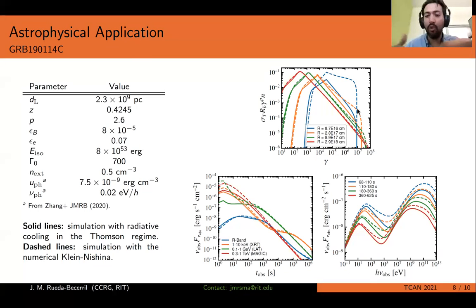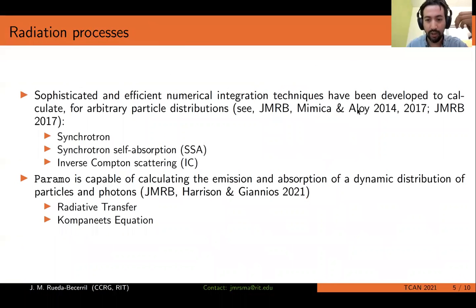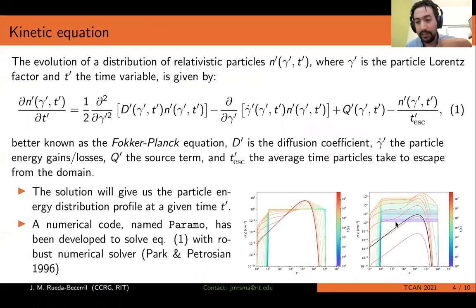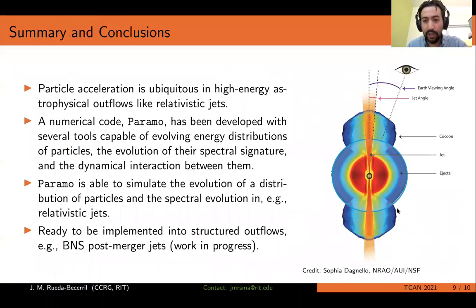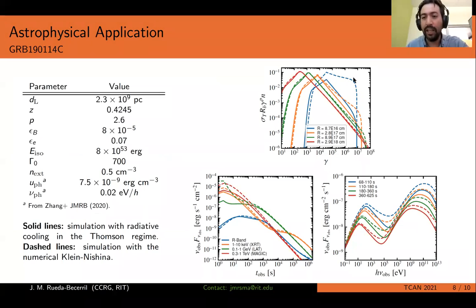We have a continuous injection, as we mentioned. The particles are being injected constantly, and they start piling up because they are not being efficiently cooled if we consider the Klein-Nishina corrections.